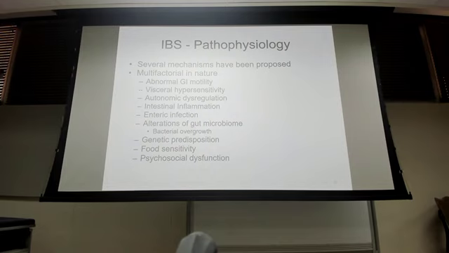So it's a complex interaction between nervous system, immune system, and the intestines. That's how we kind of think of IBS, a complex interaction issue between our nervous system, our immune system, and intestine function.